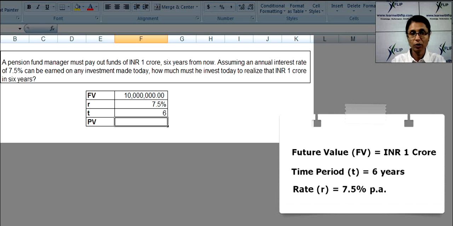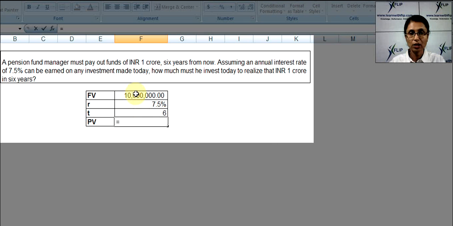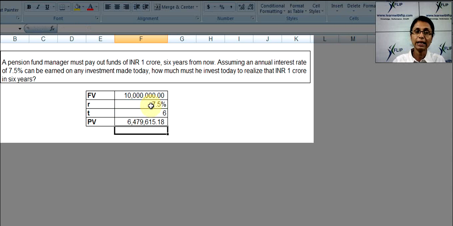So therefore, what's the present value? It is the future value divided by 1 plus R, which we will now raise to the time period T. And tell me, do you think it will be less or more than the future value? Remember, we're discounting it, so it will be less.